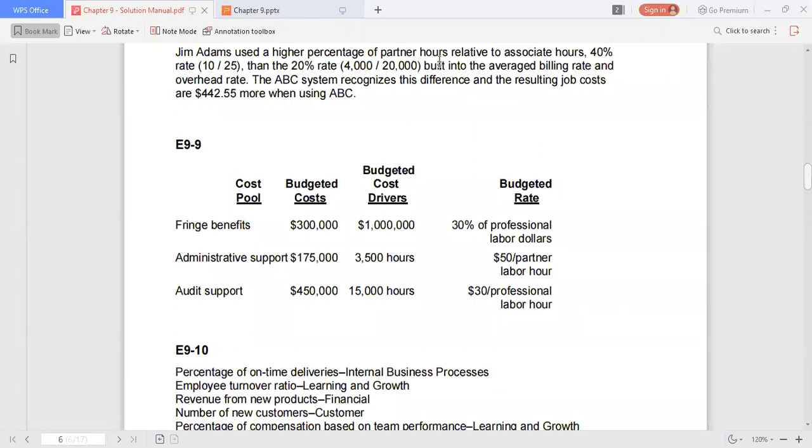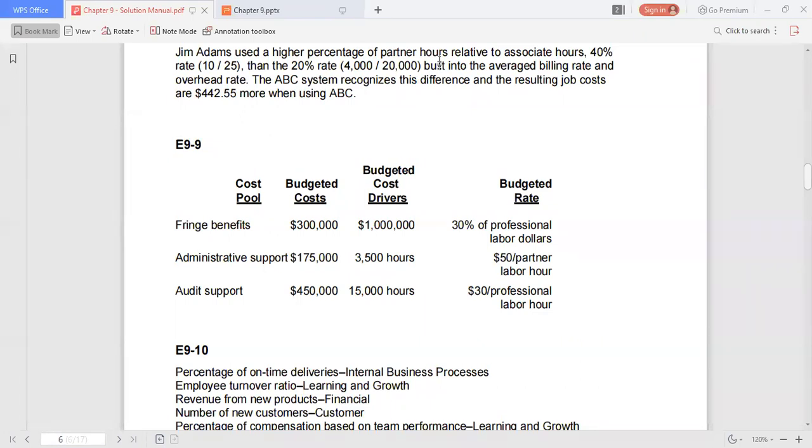So the cost pools are fringe benefits, administrative support, and audit support. It's determined that the best cost driver for fringe benefits is professional labor dollars, for administrative support is partner labor hours, and audit support is professional labor hours.